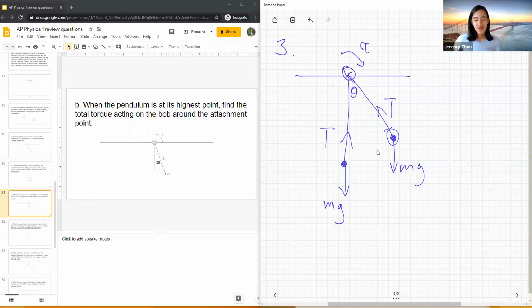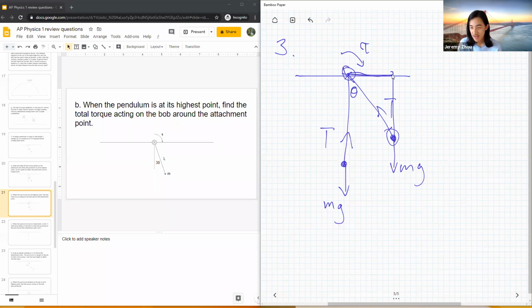Okay, so the way to think about torque is that torque is a measure of force, but for turning motion, right? So you only care about the component of the force that would actually turn the thing. So that's just this component of this force, right? That's why it's sine theta. Alternatively, you can think of it as this force pulling on this lever arm.